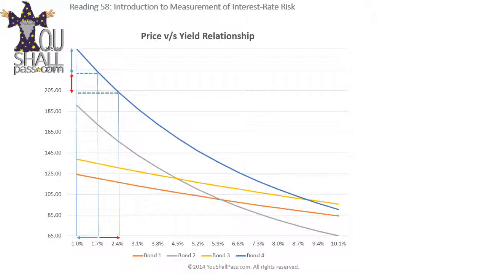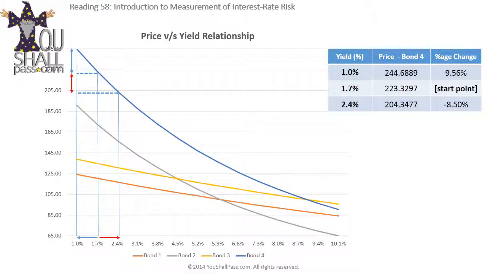That is, for any rightward movement along this curve, the changes in price become smaller for a given change in yield. Now, look at the point where the yield is 1.7%. The price at that point is a little under $225 per $100 of face value. If the yield were to drop by 70 basis points, the resultant change in price is visibly greater than if the yield were to rise by 70 basis points.